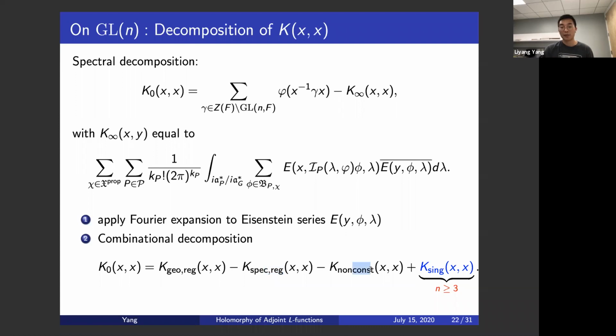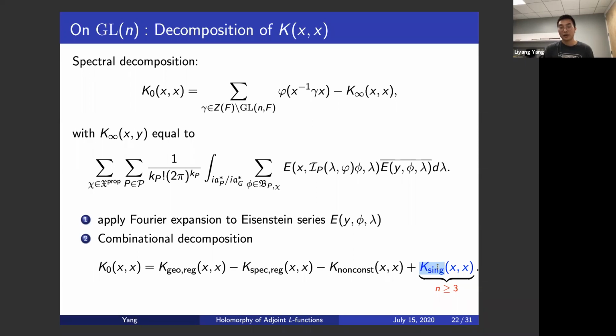By non-constant term, I mean the Fourier coefficients with respect to the maximal unipotent, or the unipotent of the Borel. And we will put all other things together as a singular part. Namely, this singular part consists of contributions from both the geometric side and the spectral side.